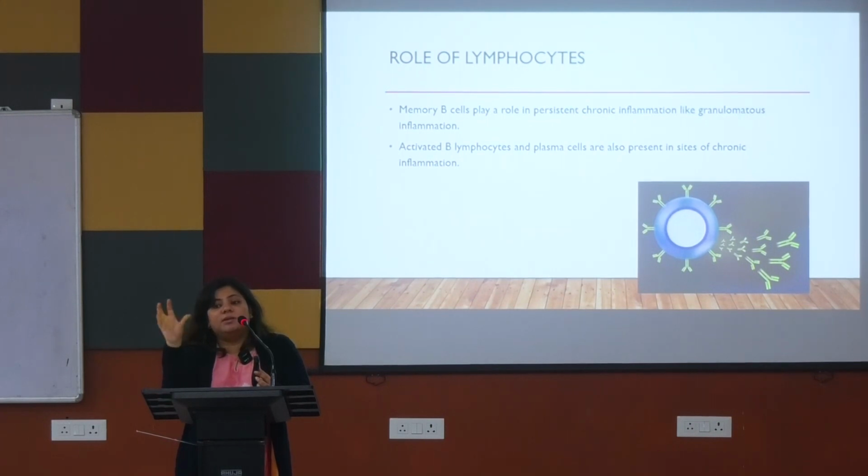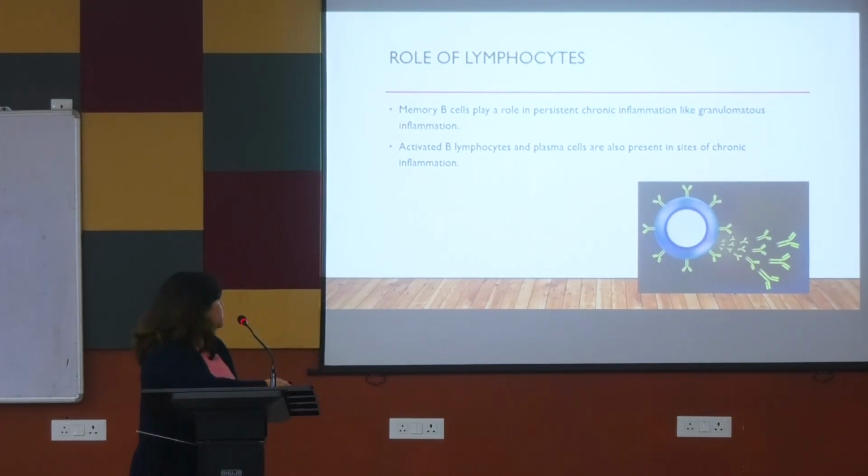In the thyroid, there is lymphoid follicle formation. So the thyroid resembles a lymph node, right? So there are lots of B cells and plasma cells over there. We don't know what is their role, whether they are actively attacking the body or actively attacking any virus or anything. We don't know, but they are also present in sites of chronic inflammation.